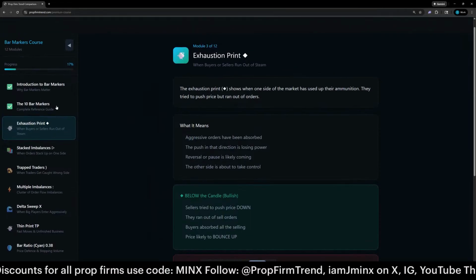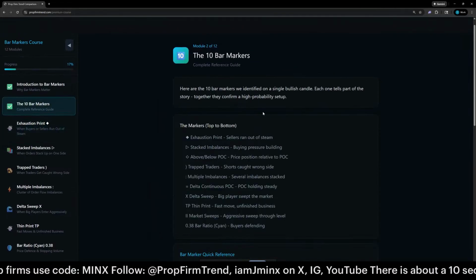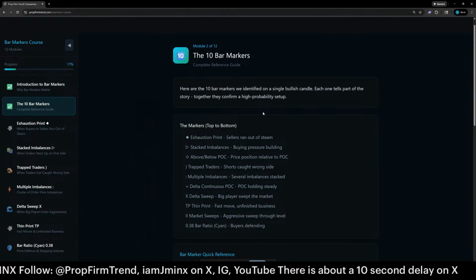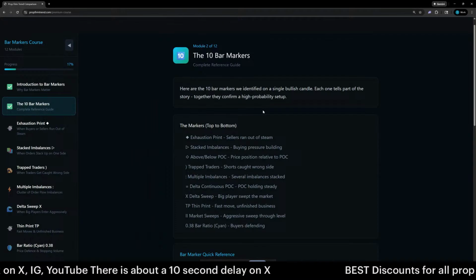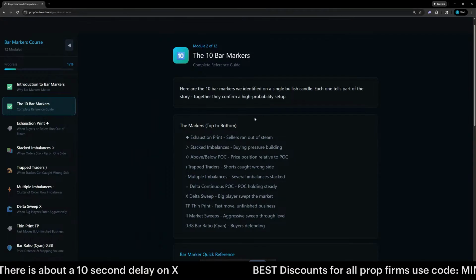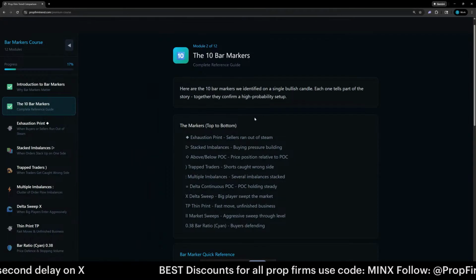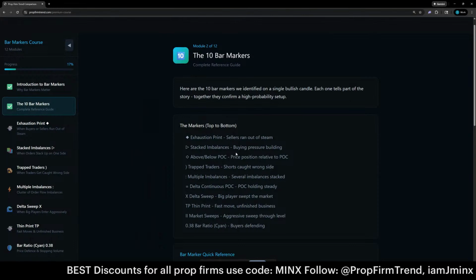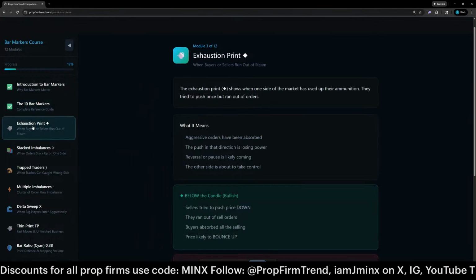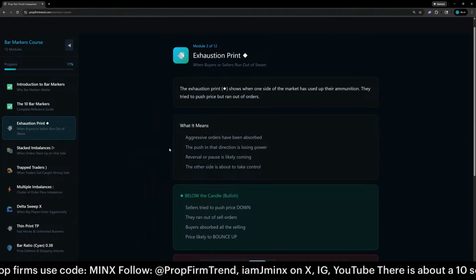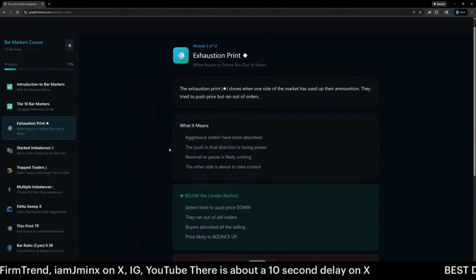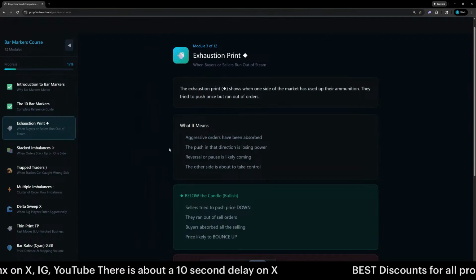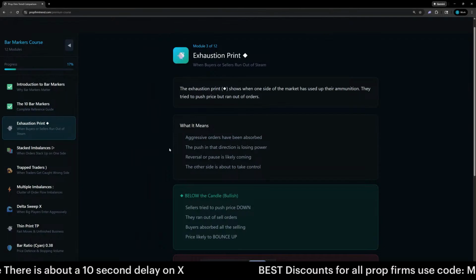Next, the first one was that 10 bar markers. We rarely see this, but when we do, you don't want to chase it either, but it tends to move pretty fast, and you'll see this in the parabolic moves. An exhaustion print shows when one side of the market has used up their ammunition.